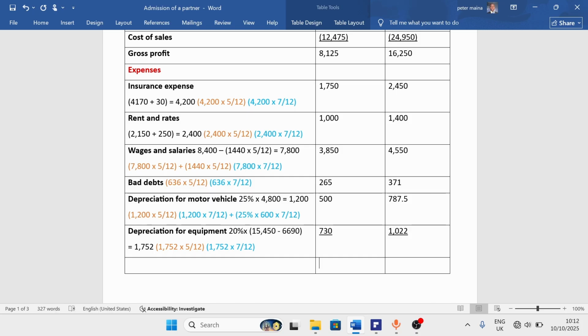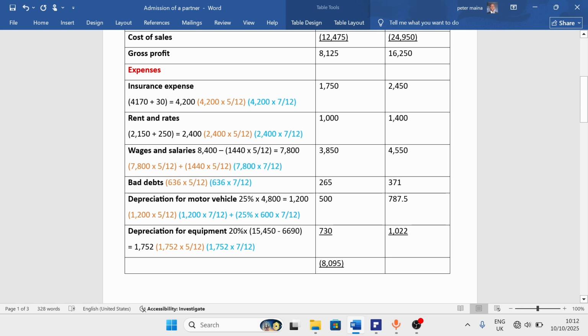That gives us 8095. Because this is the total expenses, we want to deduct total expenses from gross profit to get the net profit, so we put it in brackets.